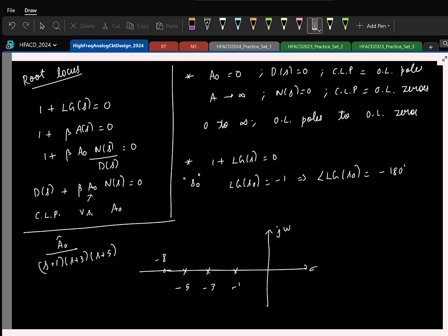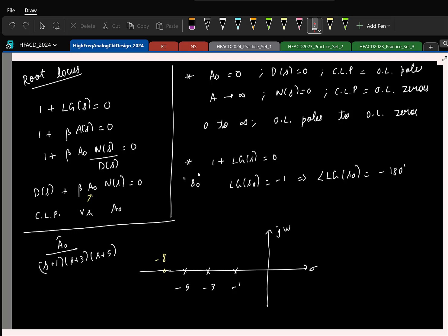If I evaluate the phase at this point, it has to be -180. So which means if I put -8 in this equation, the resulting value must be real. And what can you say about the sign? Its angle is 180, so it should be a real number, but what should be the sign? It should be negative.